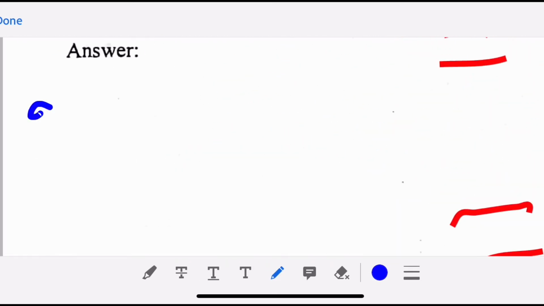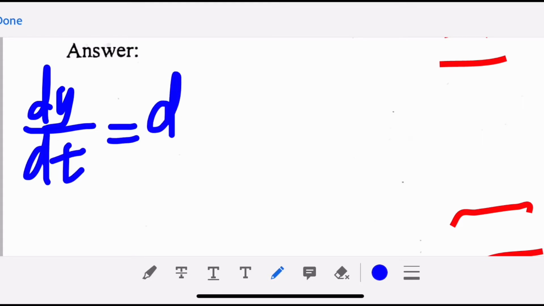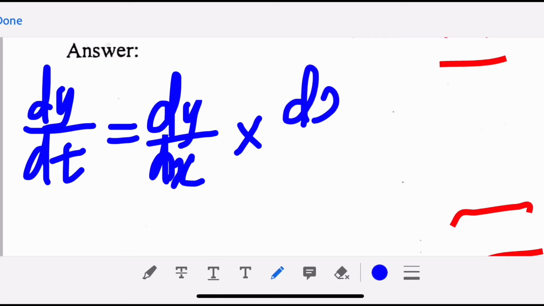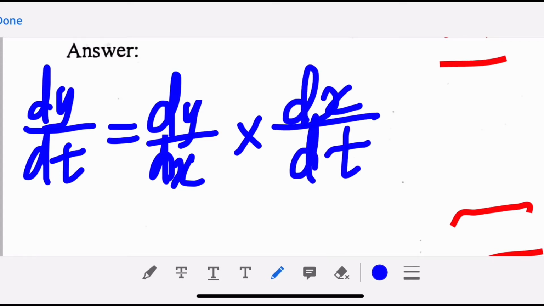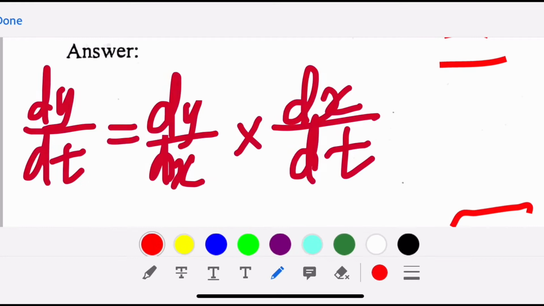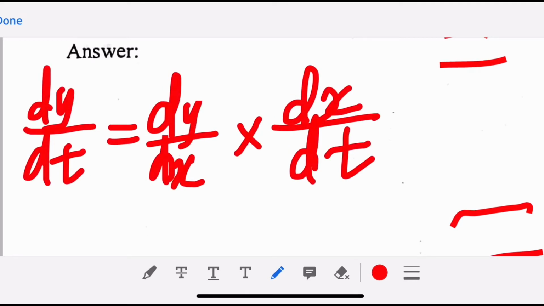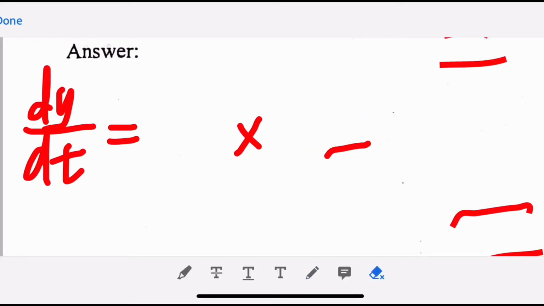Okay, now you already got the dy/dx, you have dx/dt. So we want to find dy/dt. So that is how you write dy/dt equals dy/dx times dx/dt. This is called the chain rule, right? This is the chain rule.